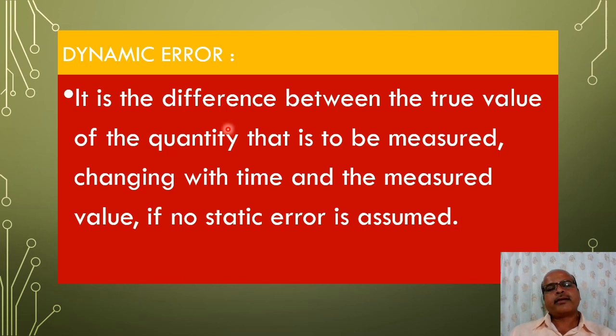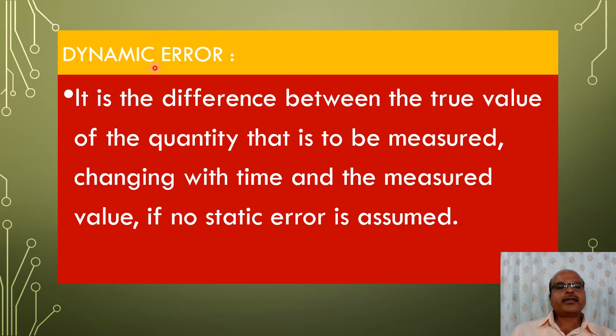Then we have taken different measurement characteristics, static characteristics and dynamic characteristics. In static characteristics we have taken different definitions: accuracy, precision, then hysteresis, and also linearity, and many more definitions. So keep in mind these definitions.